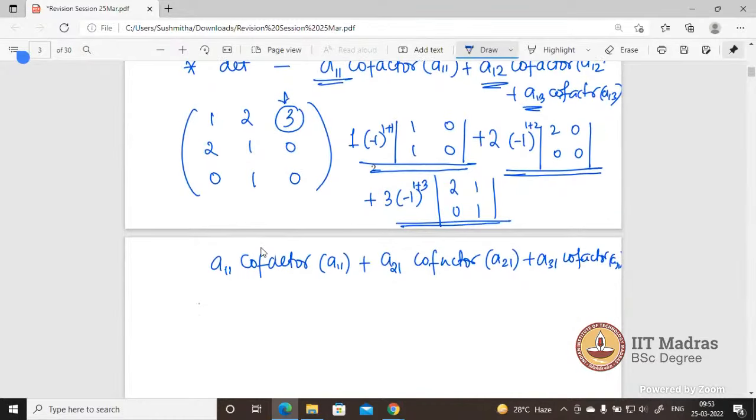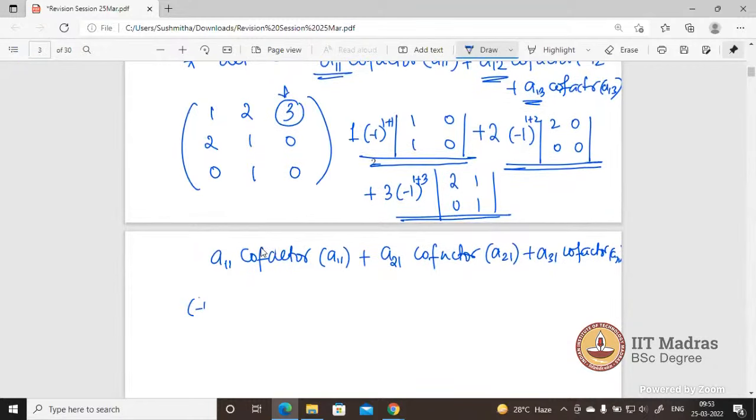It's going to be -1 power the position, first row, third column, into the determinant of 2, 1, 0, 1. So this is positive 1 and this is 2. So the cofactor corresponding to this entry is 2.